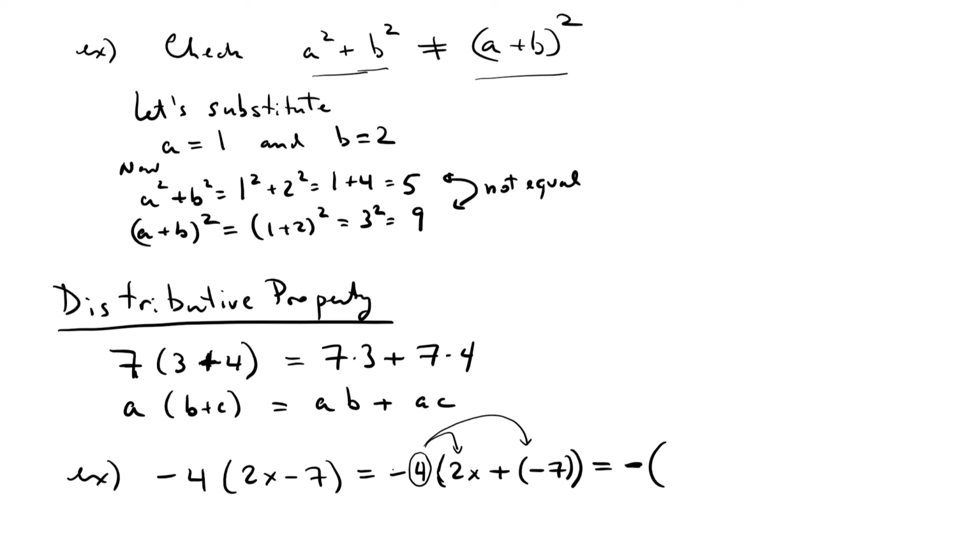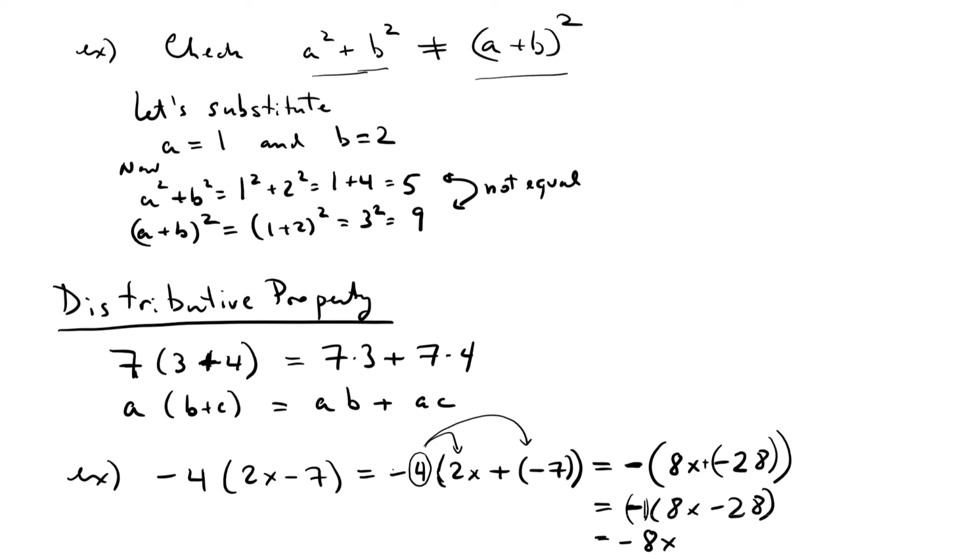So it's 4 times 2x, 8x, 4 times minus 7, that's minus 28. I could write plus minus 28 if you prefer. But ultimately it's going to give me minus 8x minus 28. And then finally I could also distribute the minus sign. The minus sign is like a minus 1, right? So it's minus 1 times 8x, that's minus 8x.